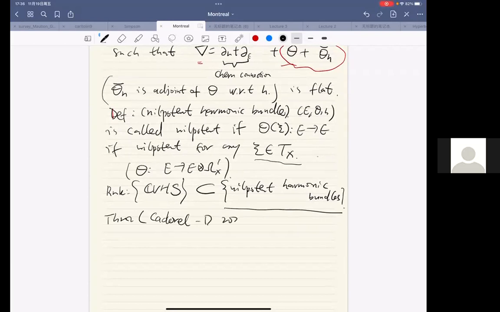In 2021. So let X be still a quasi-compact Kähler manifold.